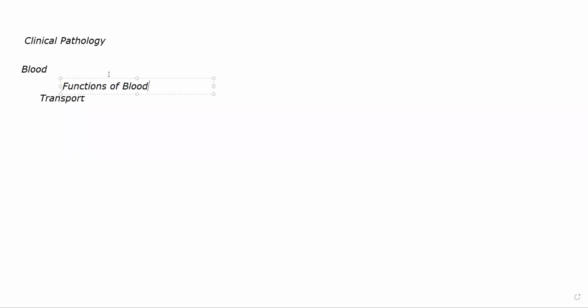See, this is completely your territory. It should not be very difficult to answer. Just answer what you know. Other than transport, what will be the function of blood? Not able to hear you clearly. Or you can put it in the chat box as well. Either way is fine.